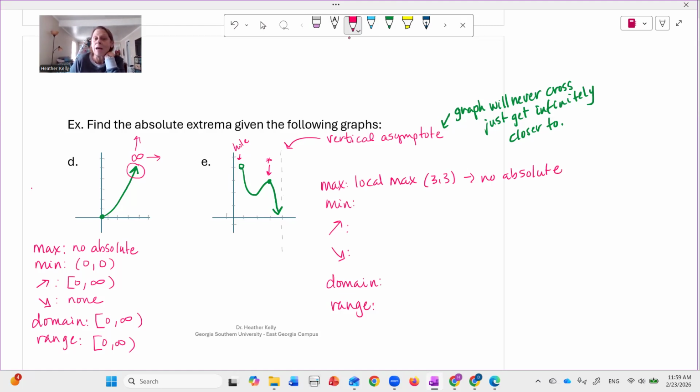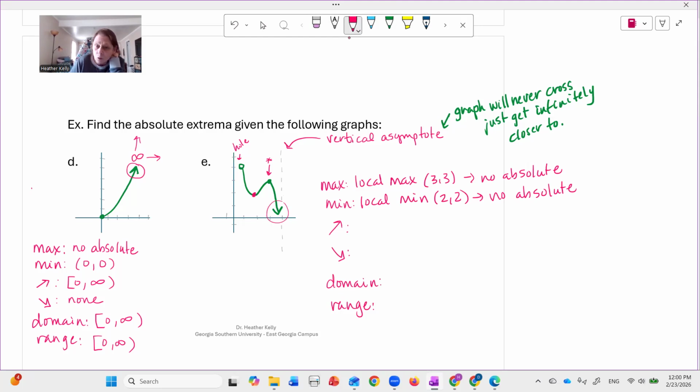We have a local min of 2, 2. No absolute because this graph keeps on going, right?